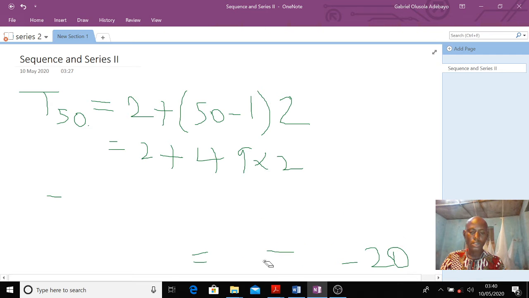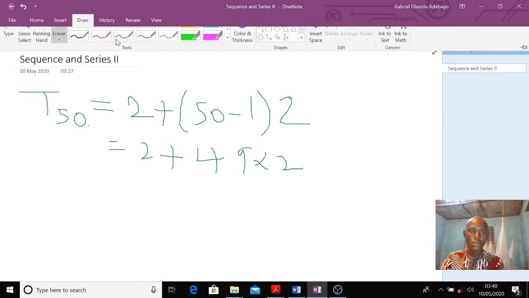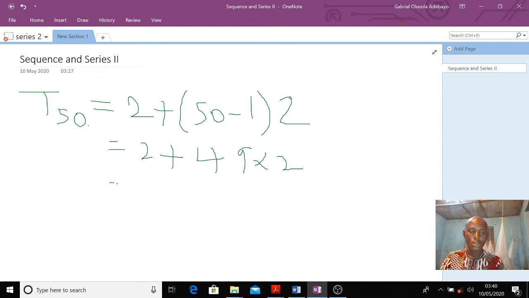So the answer will now be 2 plus 98, which is equal to 100.